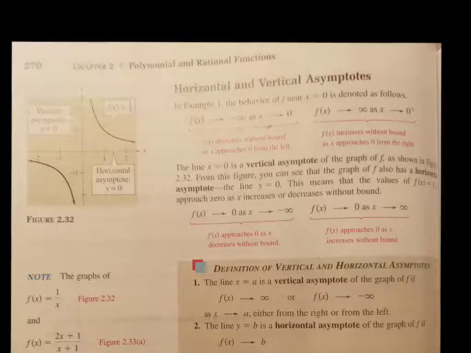The first thing we're going to talk about with these rational functions is domain, and hopefully you remember a little bit about domain from before, but when we do a couple of examples that should refresh your memory, and also asymptotes. I assume that you've heard the word asymptote before, and usually it's defined, at least at this level, as a line that the graph of the function approaches.